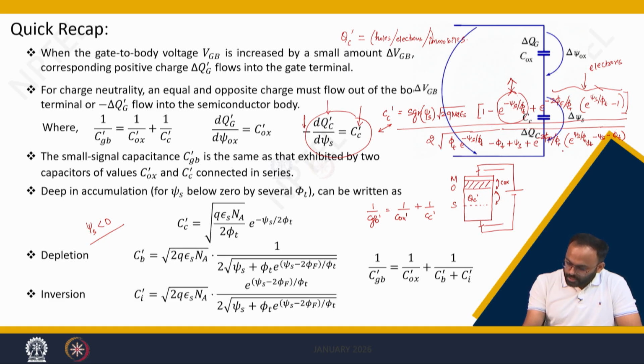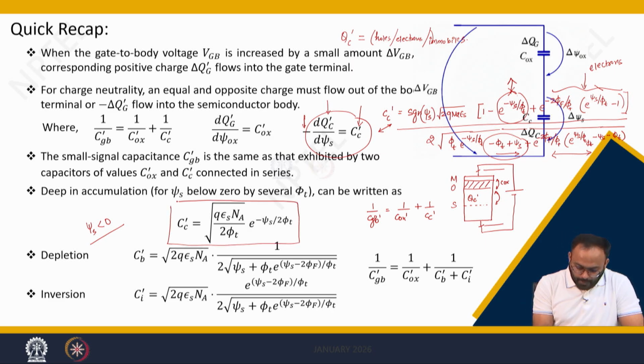Similarly, in the denominator, this term is given by electron contribution, and this term is given by immobile ion contribution. Likewise, we calculated the form of channel capacitance CC dash for deep accumulation, depletion and inversion.